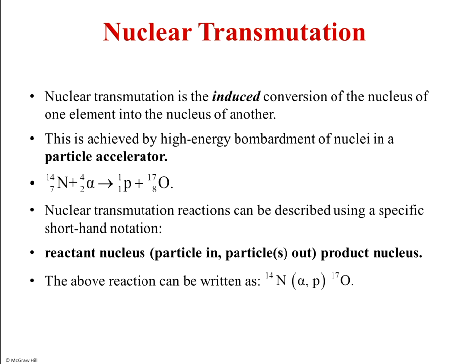You write the reactant nucleus, and in parentheses you write particle in, comma, particle out, close parentheses, and then the product nucleus. So for our nitrogen-14 reaction, we can write nitrogen-14, parentheses, alpha, which is the particle with which we bombarded the nucleus, comma, proton, which is released in the process, and our product is O-17.